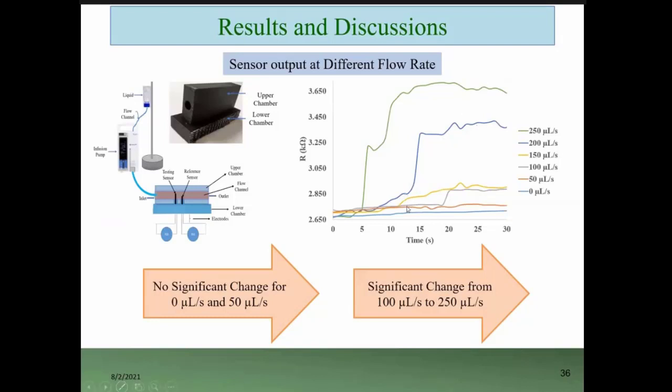But another thing from this graph, we can observe that when we started the flow rate, the resistance was not changing immediately. It was taking some time, for example 15 to 20 seconds, to give a stable change in the resistance. So we can say the response time of the sensor was around 15 to 20 seconds.